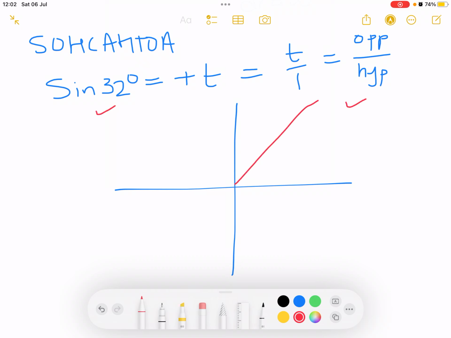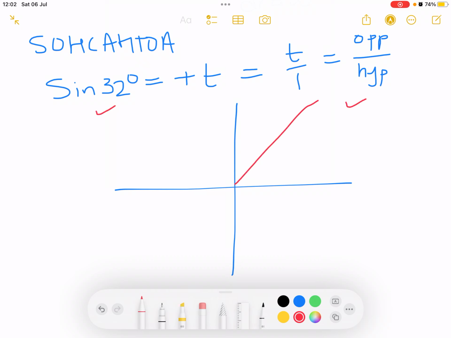And how do we find an unknown side in a right angle triangle? We have to use Pythagoras first. Now, by using Pythagoras, it means we're going to have to say x squared plus y squared is equal to r squared. Then we first single out x to be alone here: r squared minus y squared.